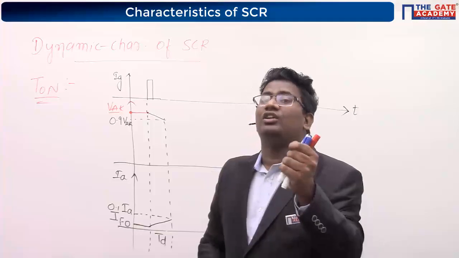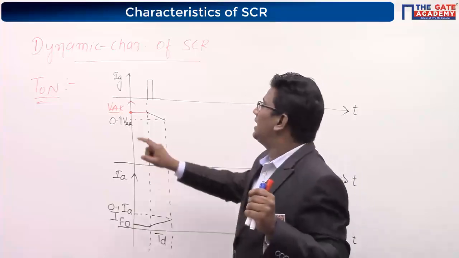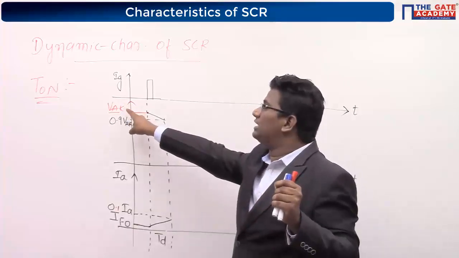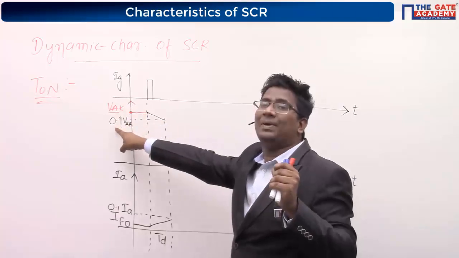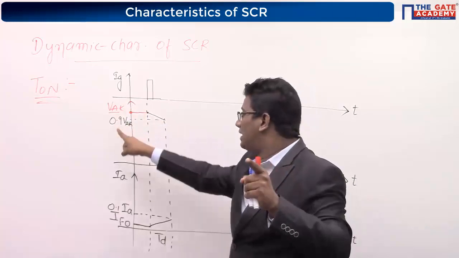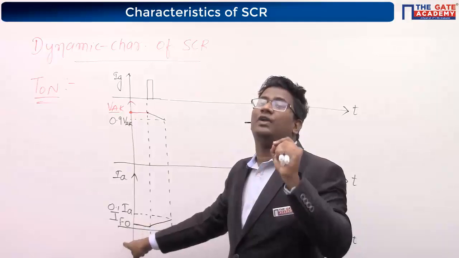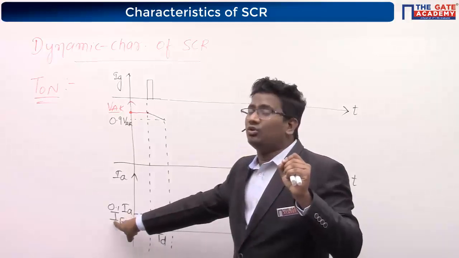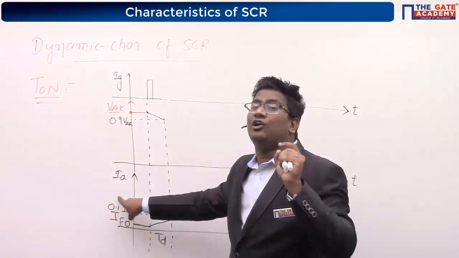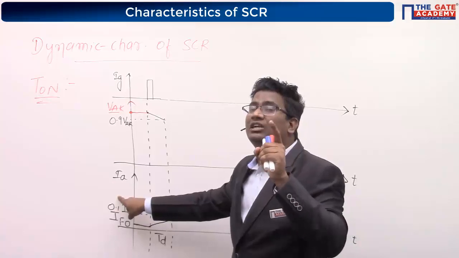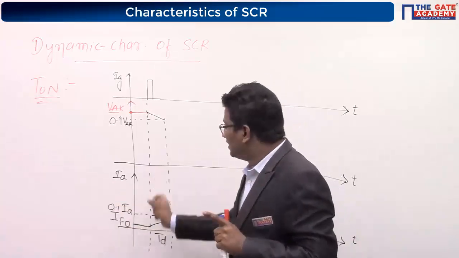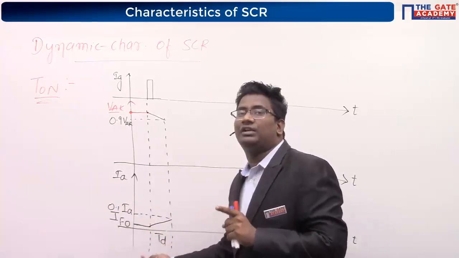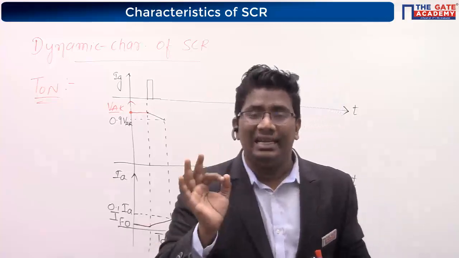The anode to cathode voltage goes from 100% to 90% of its rated value, and anode current goes from leakage current to 10% of its rated current. This particular duration of time is called delay time.